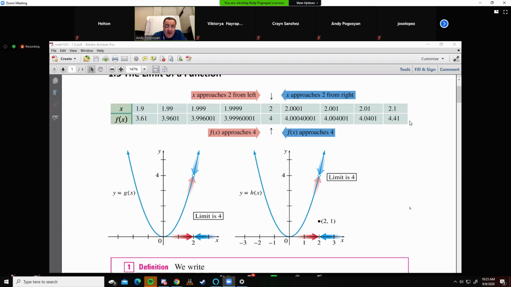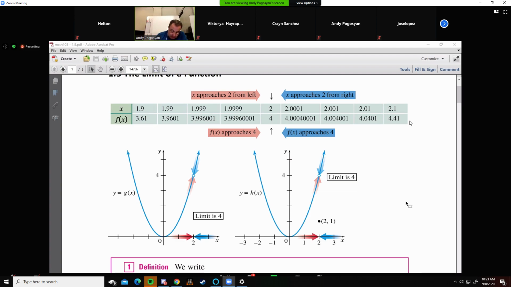G and H are different from F in the following way. We're calculating the limit as x approaches 2, which means from the left and from the right. But x is not equal to 2.